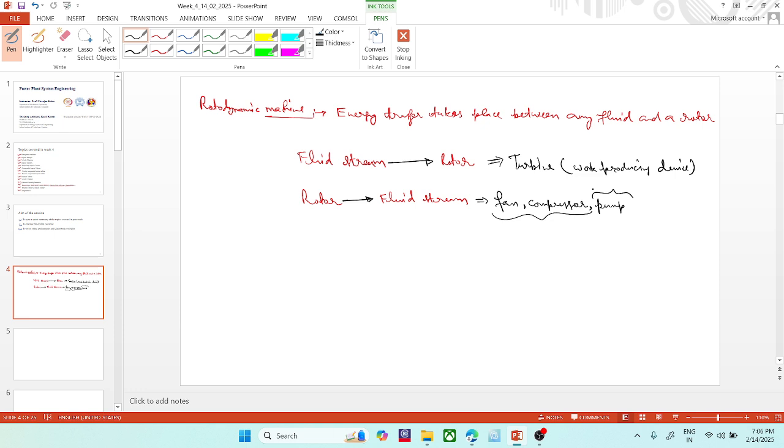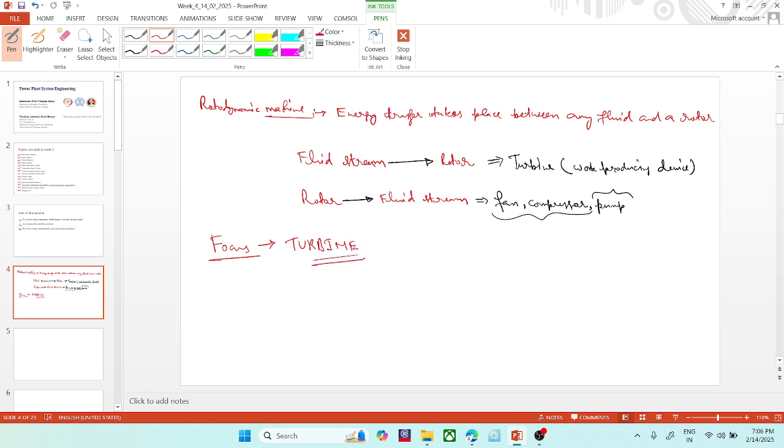We can classify them as the axial flow or radial flow. So here in the power plant engineering systems, our focus would be on turbine.